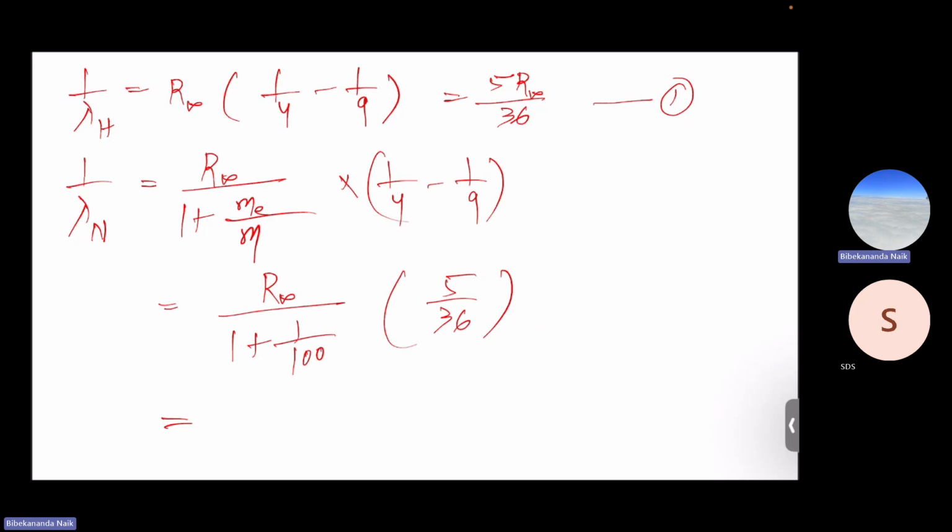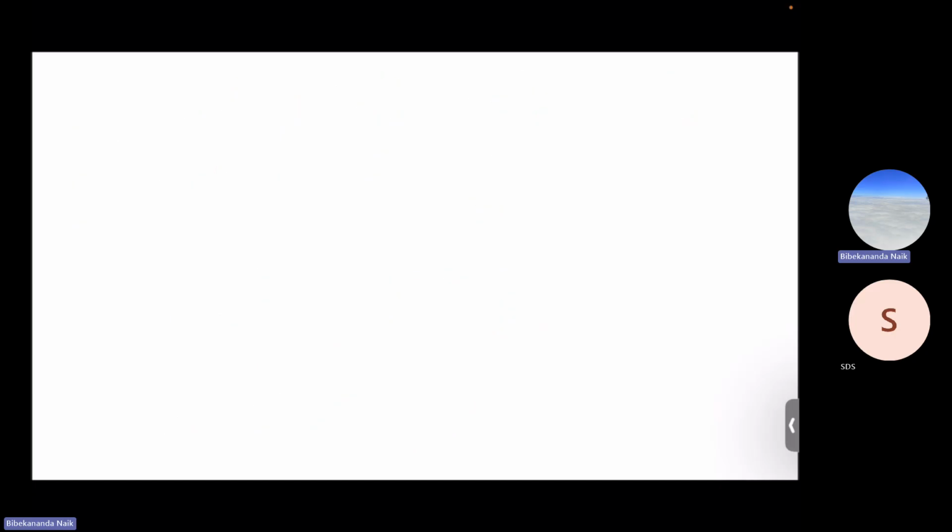So what is the lambda h value? Lambda h value is 6550. So we can put that value. It is 100 divided by 101 into 1 by 6550 Armstrong. So what will be lambda n?